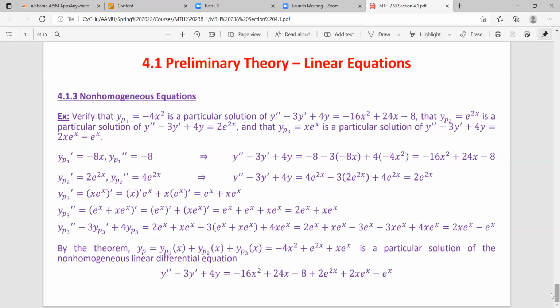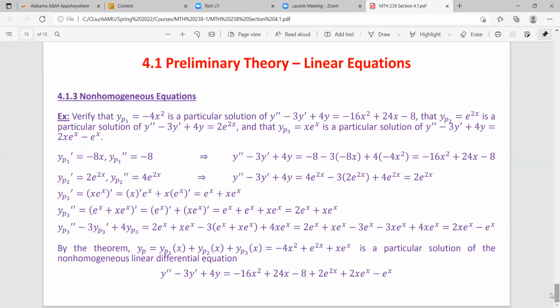Basically, you can combine x e to the x, -3x e to the x, and 4x e to the x to get 2x e to the x, and 2 e to the x minus 3 e to the x gives you a negative e to the x. So we get 2x e to the x minus e to the x, which is exactly the right-hand side of the third equation. So that verifies that YP3 is indeed the particular solution of the third equation.